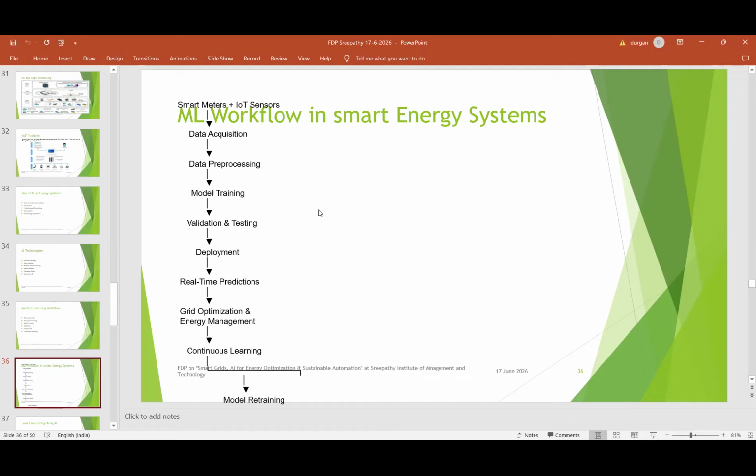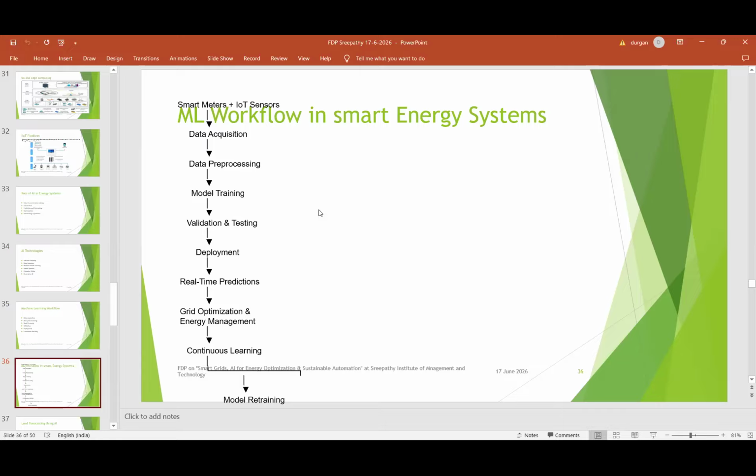Data from the meters and smart sensors is collected. That is data acquisition, and then it is pre-processed using some filter algorithms, and it is trained. Training is done, and then validation.